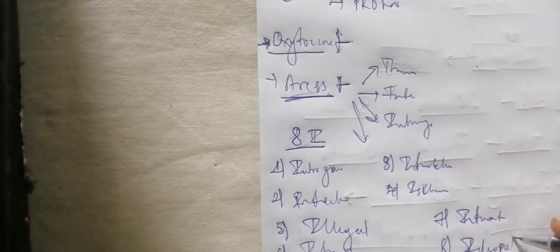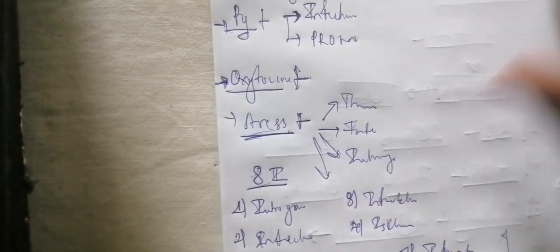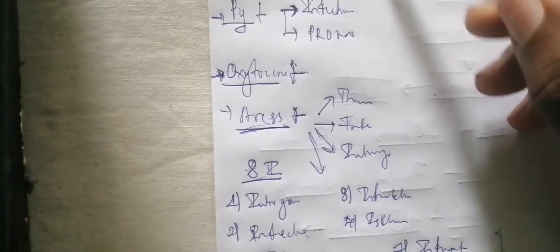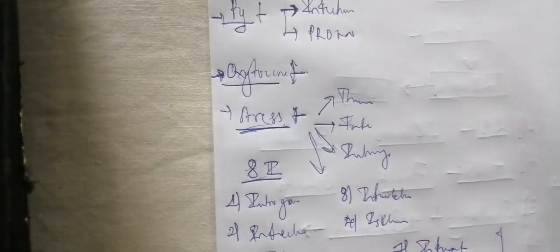The next 2 I's are illegal, like consuming illegal drugs, and injuries like trauma. The last 2 I's are infants, like when you are pregnant, and the eighth is idiopathic. So those are the 8 I's mnemonic for all the stress that you can have. Is it clear? All this stress can be associated with preterm labor. So those are the different etiologies of preterm labor.